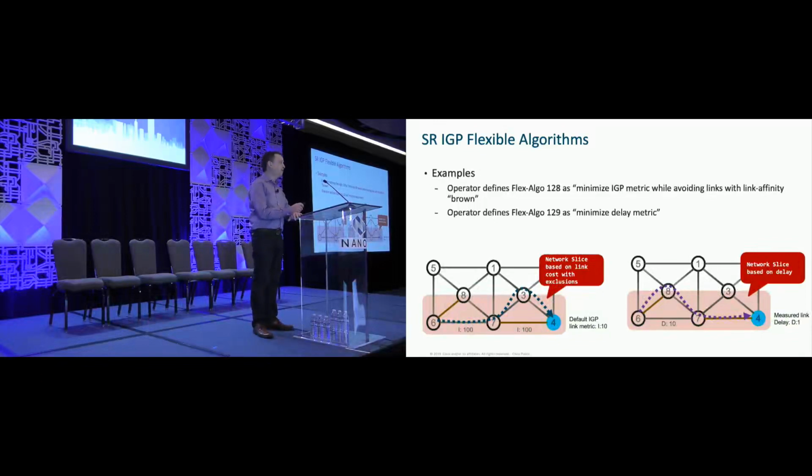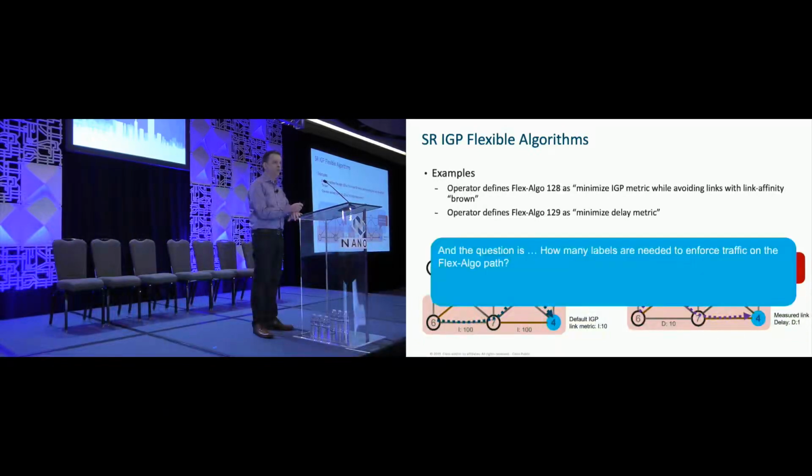And that is what flexible algorithm is trying to do. But really, the point to bring home is these questions. How many MPLS labels were needed to instantiate the blue or the violet arrow?